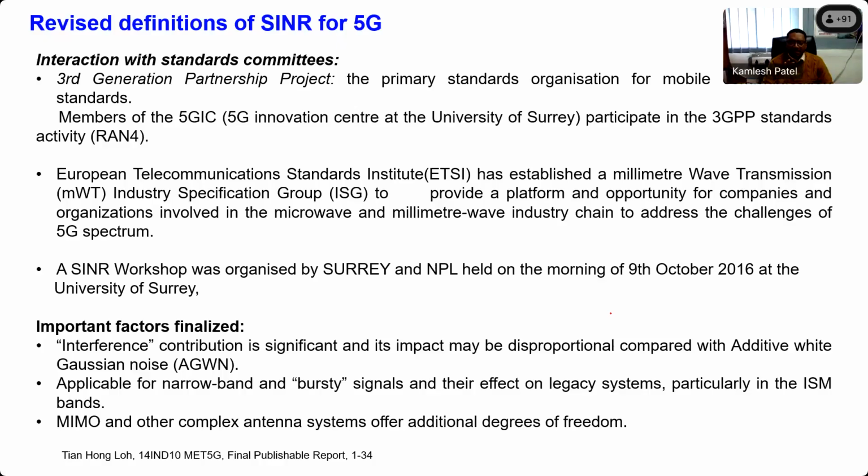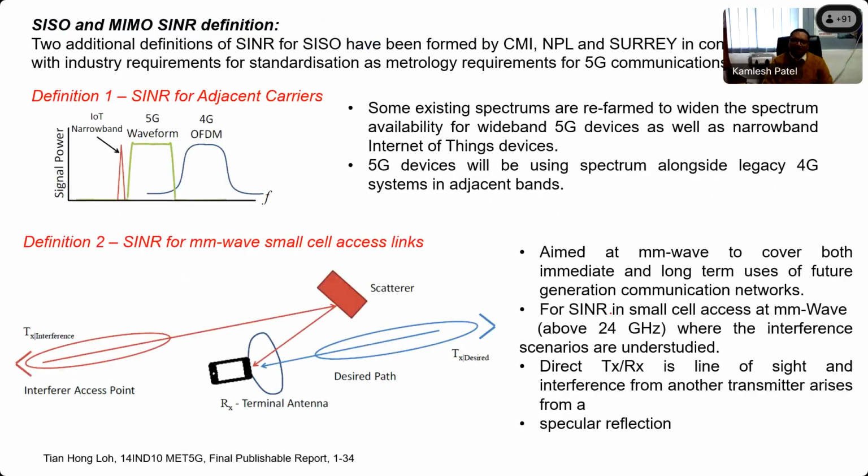We also consider that the signal in a 5G network is communicated with the help of a larger number of antennas, that is MIMO and other complex systems, so this must also be covered in the definition of the SINR. There are two possibilities: either a single input, single output system, or a multiple input and multiple output system. For both systems, there is a difference in defining the value of SINR.